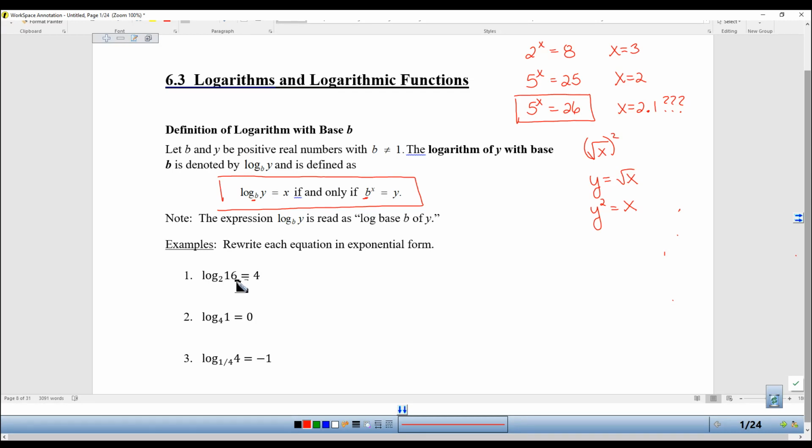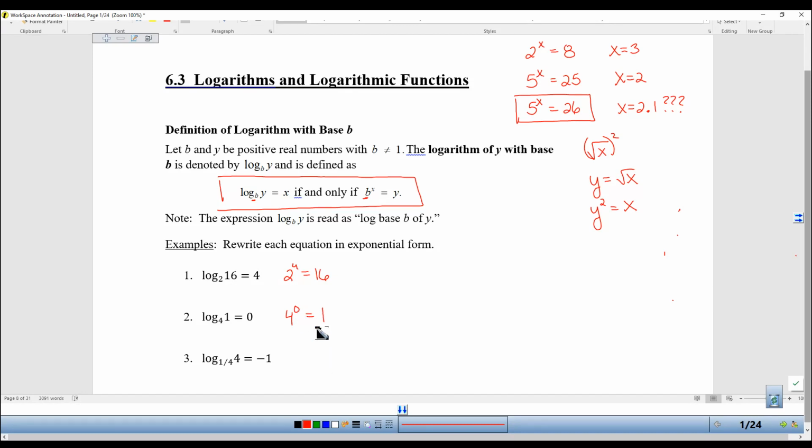So log base 2 of 16 is equal to 4. That's the base. And so now if I change it to exponential form, 2 is the base, but now these two switch locations. So 2 to the 4th is equal to 16. 4 is the base. So 4 is the base of my exponential notation, and these switch locations. So now the 4, instead of going with the 1, is going to go with the 0.